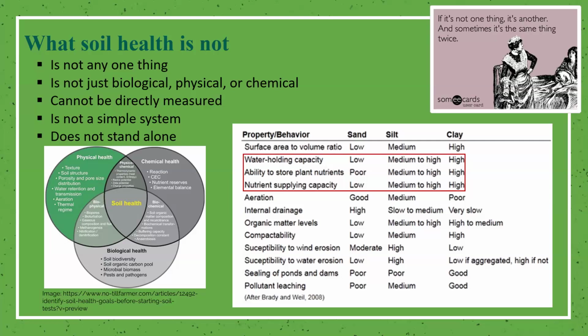These are also behaviors that are influenced by organic matter, which, as it turns out, sand also has a low ability to build. I bring this up to show the complexity and interrelatedness of different parts of soil health and behaviors. That measuring soil organic matter is an indirect measurement of a soil's ability to hold water, which has flood mitigation potential, and also that organic matter is an indirect measurement of a soil's ability to retain and supply nutrients.